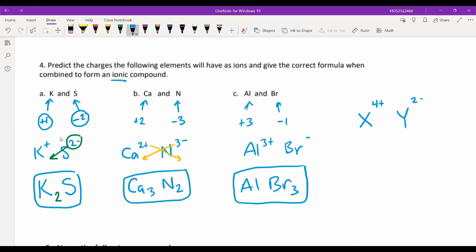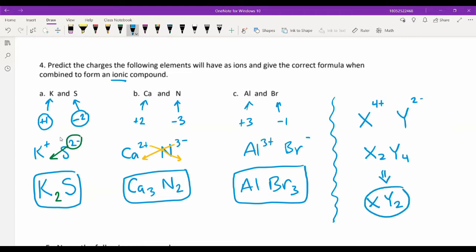If you cross those and wrote this, the only thing you want to do is then simplify it, because ionic compounds should always be written in the most simplified, or empirical, formula, which means if you can reduce those to a lower ratio, you want to do that. So that's the only caveat to this crossing the superscripts into subscripts rule.